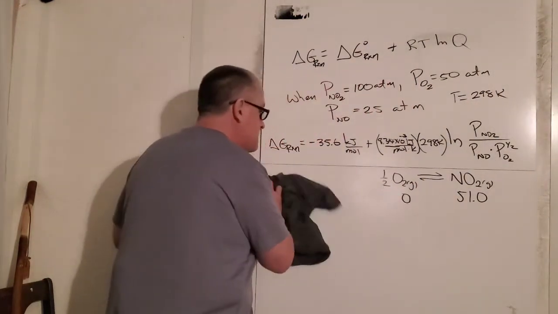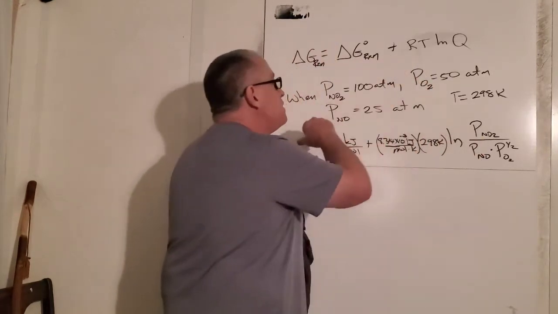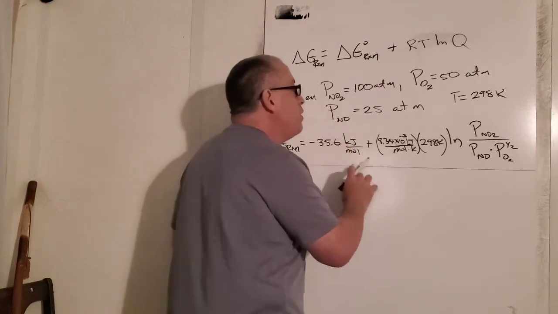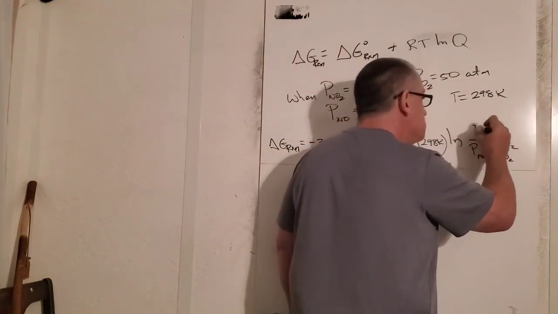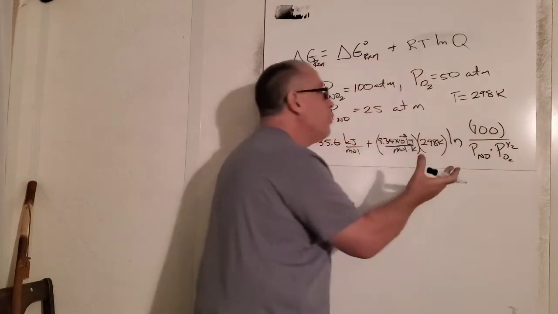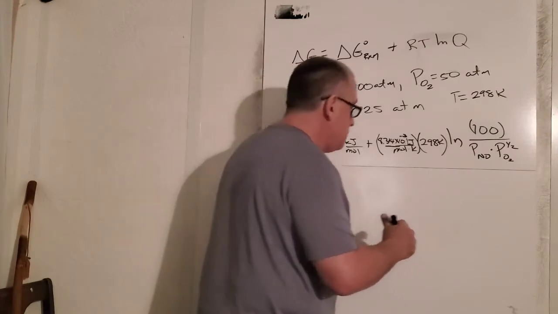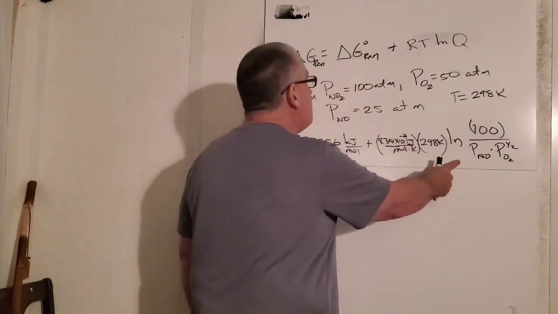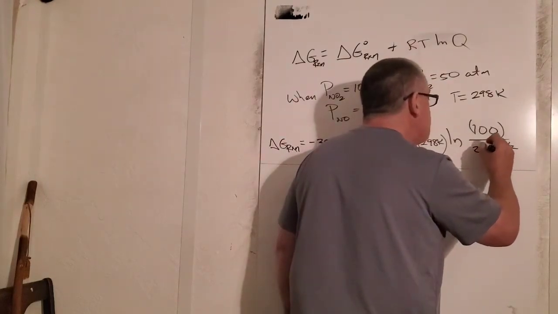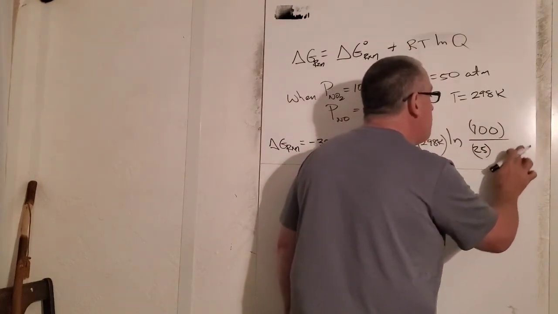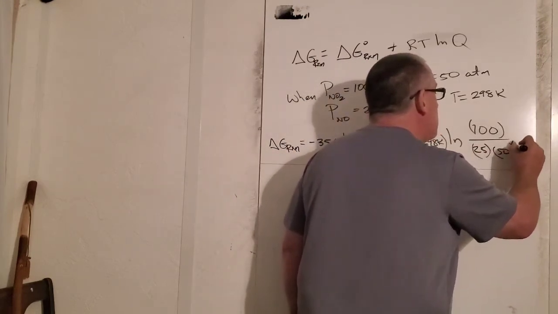I'm going to erase this. I'm going to plug these numbers in here. These numbers I just picked to make a problem. So here I'm going to have 100 atmospheres. Remember, reaction quotients and equilibrium constants don't have units. Partial pressure of the NO is going to be 25. And the partial pressure of the O2 was 50, but that's to the 1/2 power.